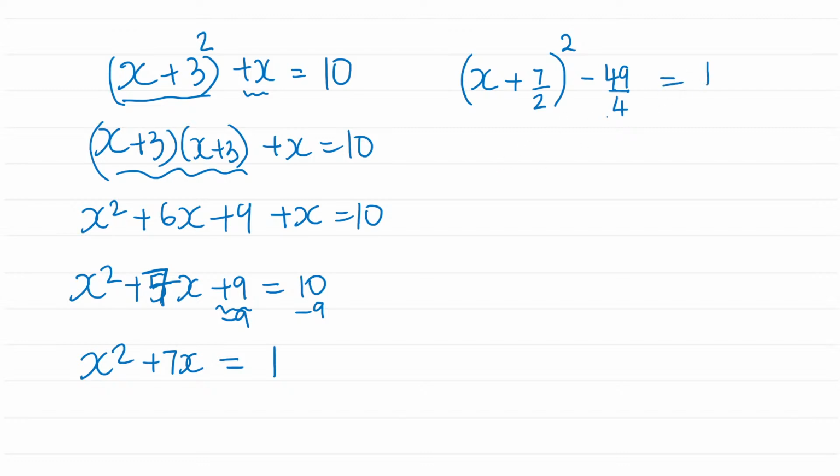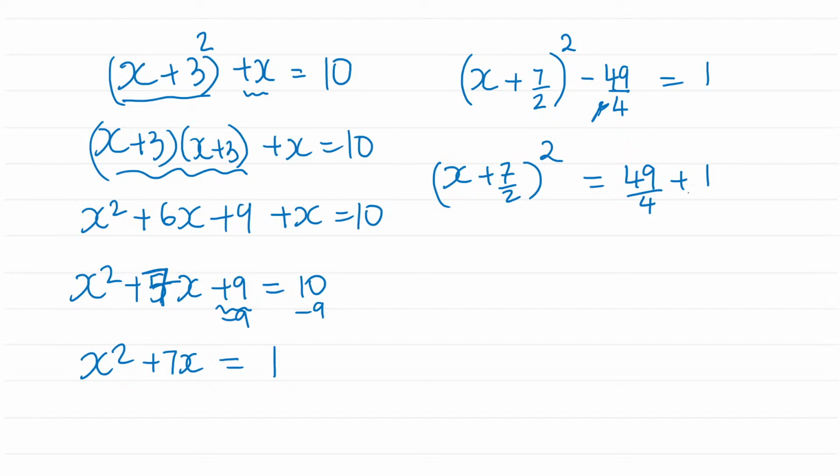Now we need to remove this part and just send it to the other side. So we have (x + 7/2)² equals 49 over 4 plus 1. Now remember, this is a fraction now. Let's deal with this fraction.